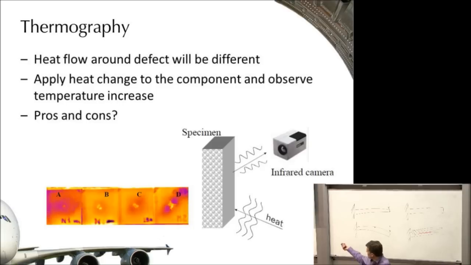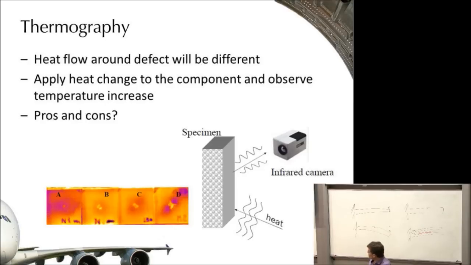Thermography is another one where you have a heat source and an infrared camera, and you heat the component and turn off the heat very quickly and film it with an infrared camera. And as it cools, if there's subsurface damage, that will cool at different rates because there's a flaw or something internally, and you can detect internal damage by filming the part as it cools.